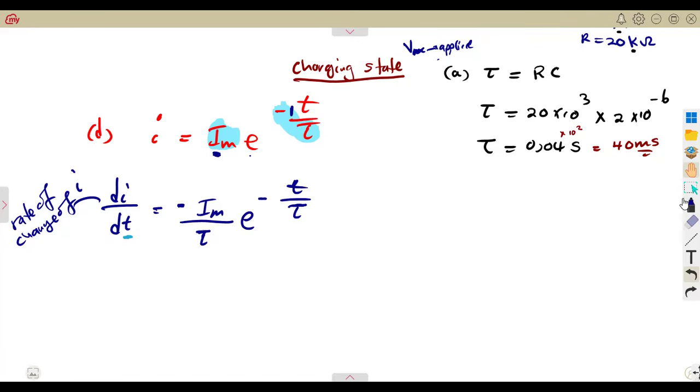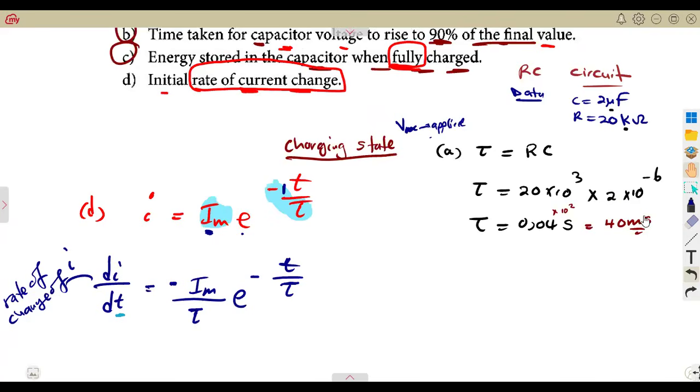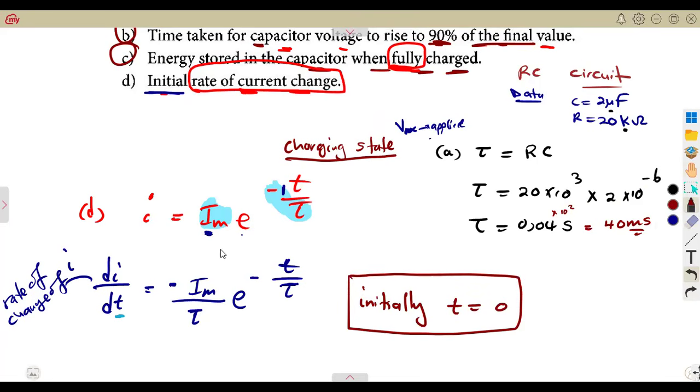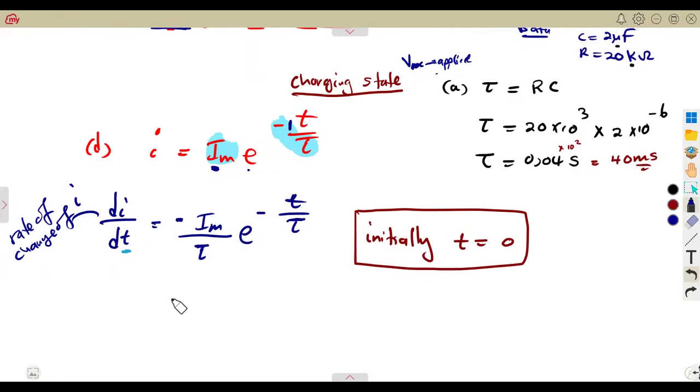So if we check, they said initial, that is where now we go back to the initial condition. Initially, t is supposed to be equal to what? To 0, when you are starting at the starting point. So meaning to say, we can now determine this rate of change of current numerically, having the numerical value.